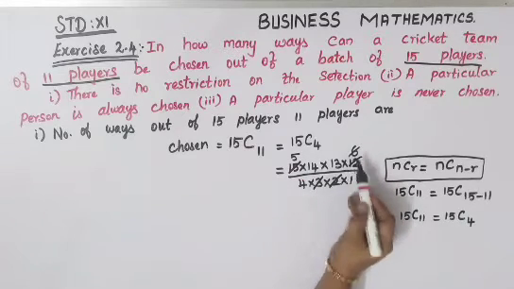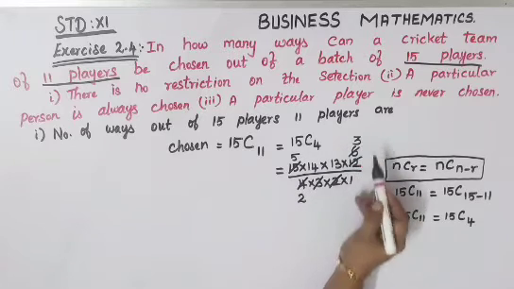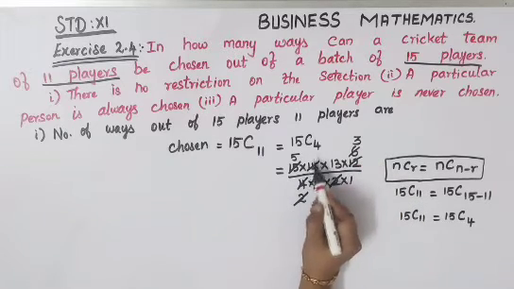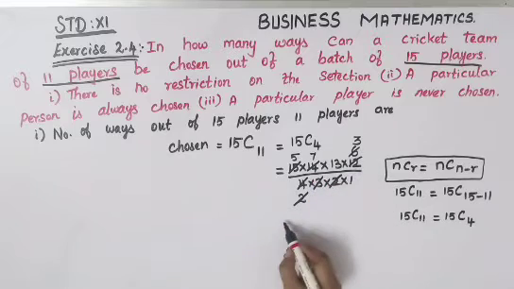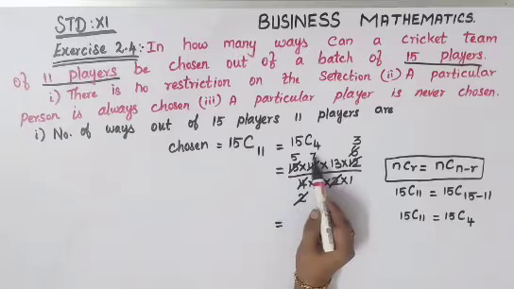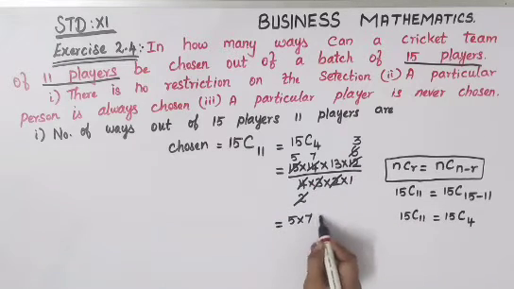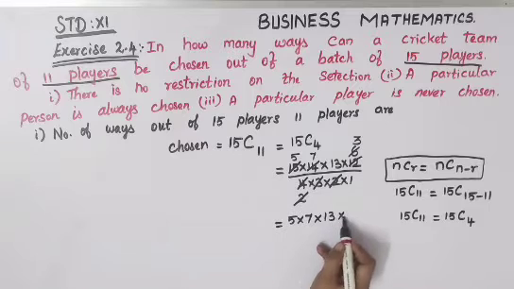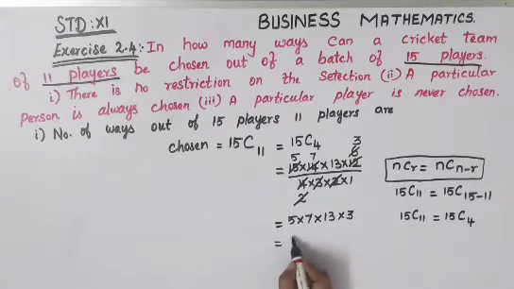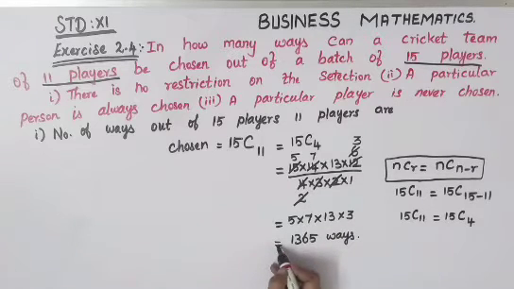And this 6 and 4 again you can cancel, it is twice, here it is thrice. Again 2 and 14 you can cancel, 7 times. You can do your cancellation by your own method. So whatever is left out, 5, 7, 13 and 3 is there. So 5 into 7 into 13 into 3 is equal to 1365 ways. So your first condition is over.